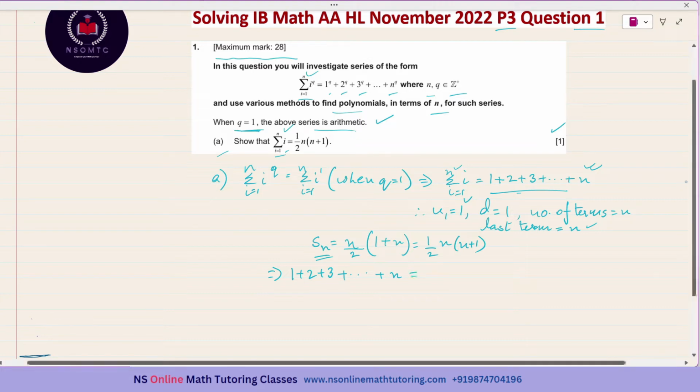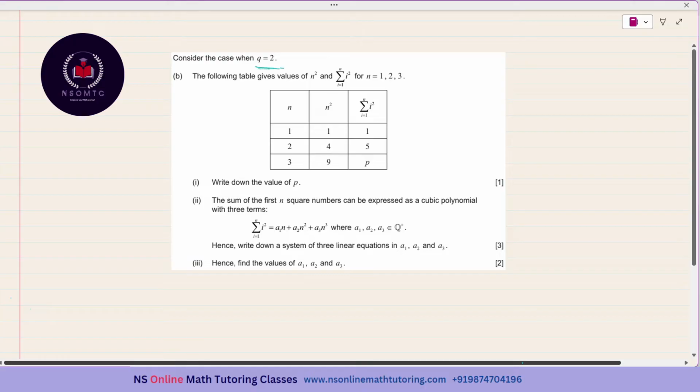This can be written in sigma notation form as sigma i equal to 1 to n, i, and this should be equal to Sn, equal to half times n times n plus 1. Okay. So this is the proof of this. It is shown. Okay. Consider the case when q is equal to 2.